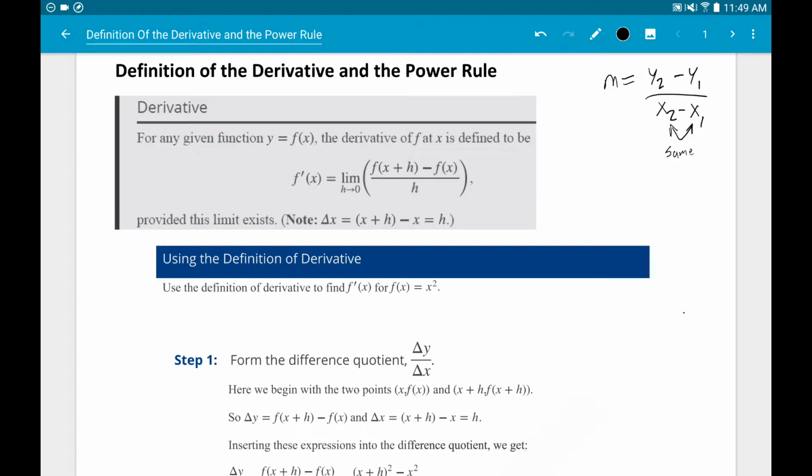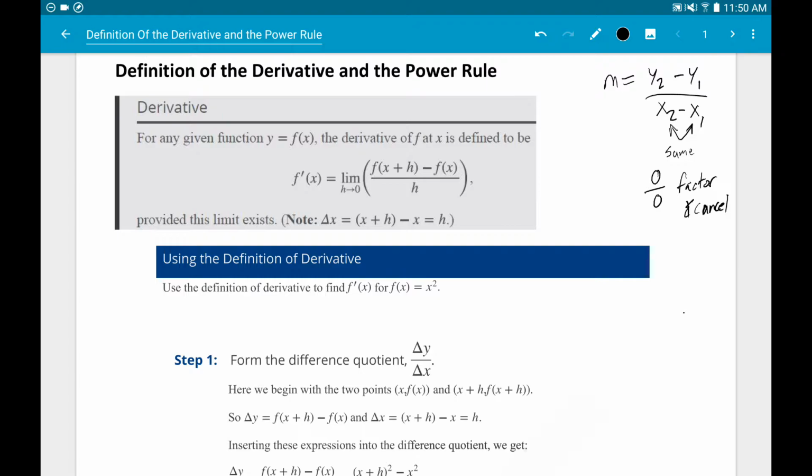But remember, when we did limits, we dealt with certain cases where we could actually get an approximate y value, or slope value, I should say in this case, for things that are divided by 0. More specifically, if you got 0 over 0, you were able to factor and cancel. So the reason we did limits was so that we could figure out how to do a derivative here.